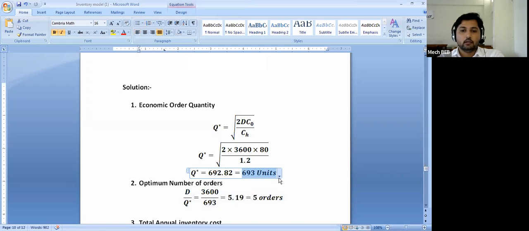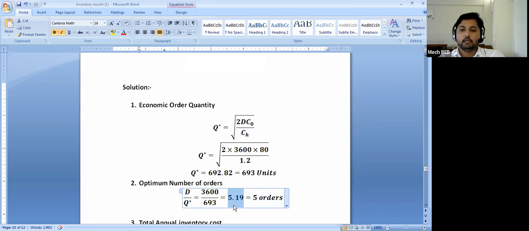The number of orders depends upon your order size and the annual demand, so annual demand divided by order quantity gives the number of orders. Here demand is 3600 divided by order quantity 693. You will get the total number of orders to place in one year, which is equal to 5.98.